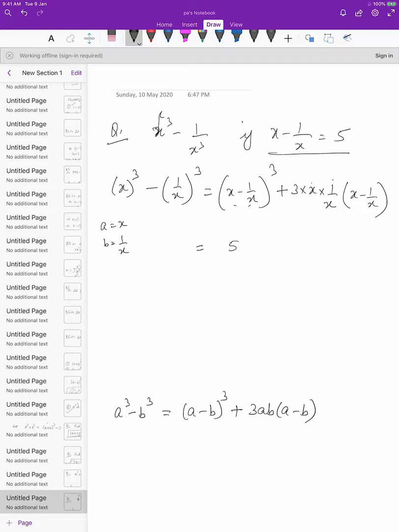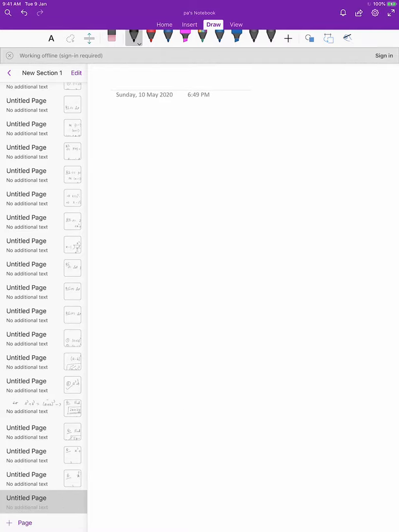So 5 cube, plus this will get cancelled, 3 into what is x minus 1 upon x? It is 5. So 5 cube gives me 125 plus 3 into 5 gives me 15, and that is equal to 140. So this is how we use the identity in various ways.